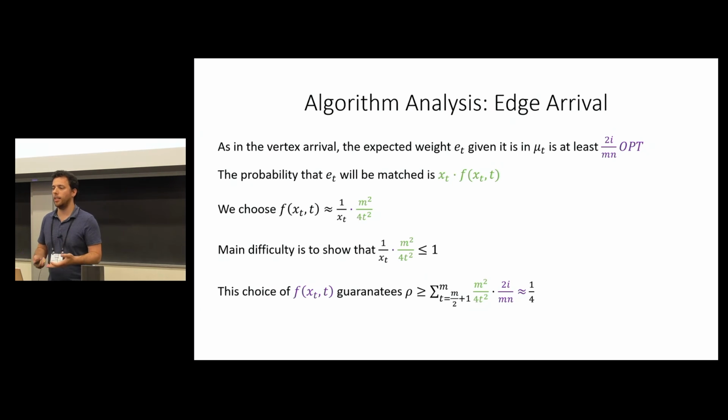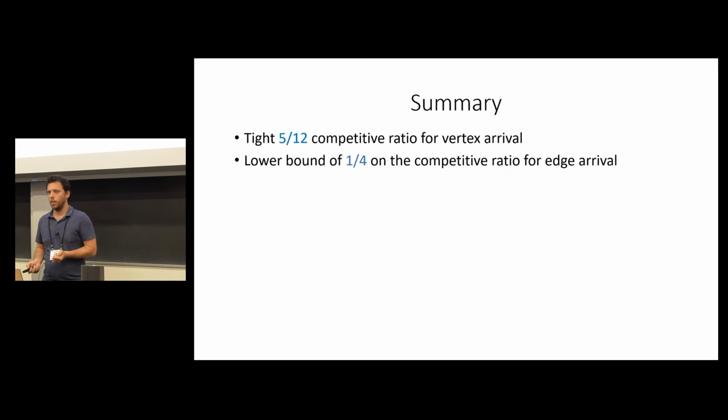And this sum can be simplified, at least when taking m going to infinity, to be 1 over 4. OK. So this is regarding the edge arrival.